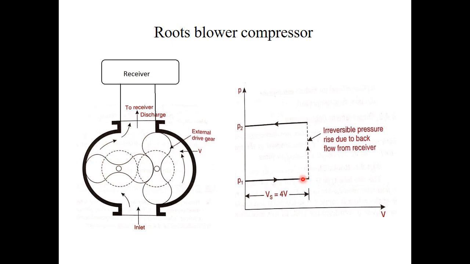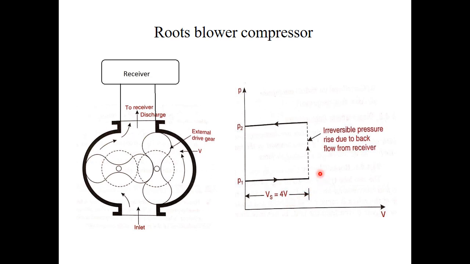Here in the pressure volume diagram you can see the suction pressure is P1 and the delivery pressure is P2, and in between it is shown the irreversible pressure rise due to backflow from the receiver. You can see the volume sucked is 4 times the volume V, which represents the volume of air trapped between the casing surface and lobe.